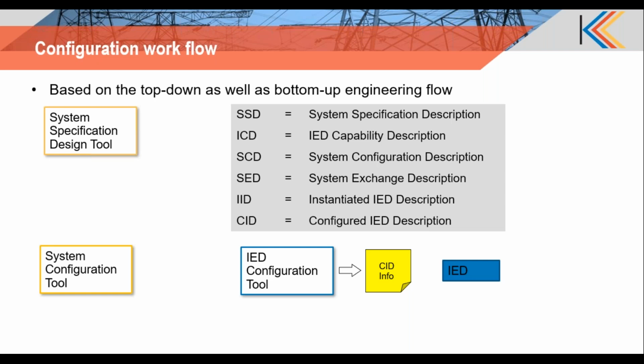But the thing is, 61850 IEDs are not individual devices, and they don't work in silos. They have the capability of exchanging information between themselves. GOOSE is one classical example of this information exchange between IEDs. That's peer-to-peer communication. Now, one of the requirements in a project is that each IED has to have the bare minimum information of the other IEDs in the network that are capable of sending information to it.